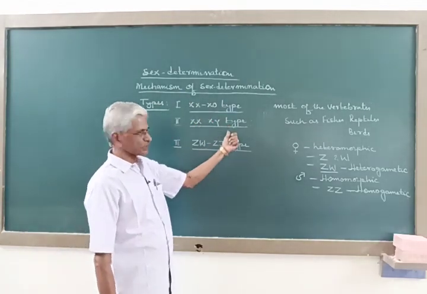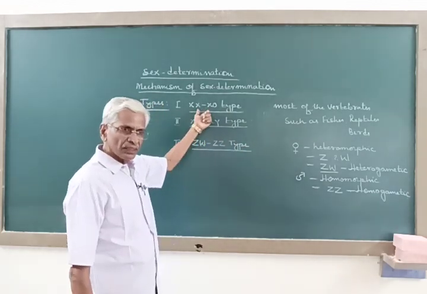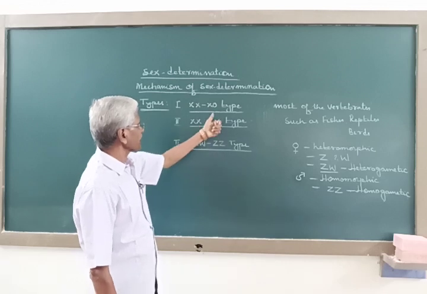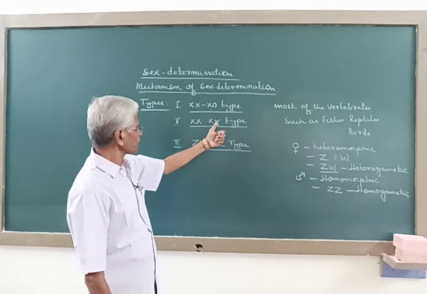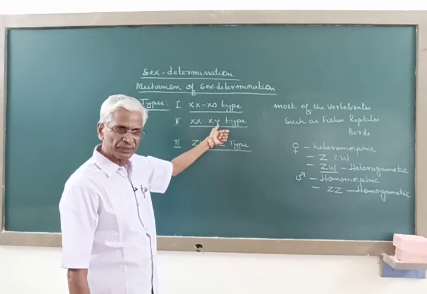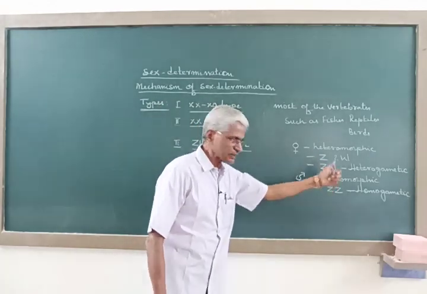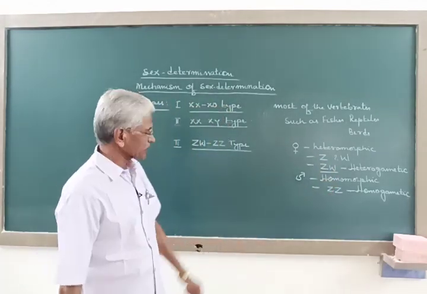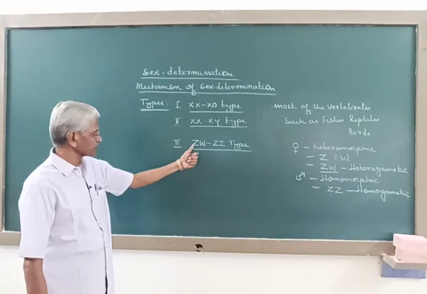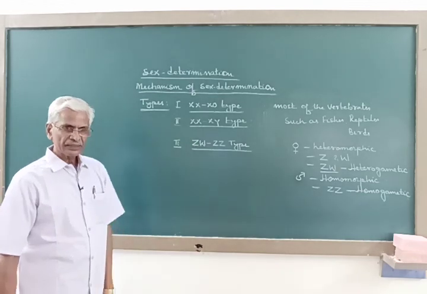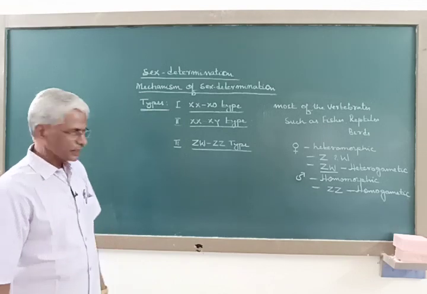In the earlier two types of mechanisms, female is homogametic and male is heterogametic. But here, female is heterogametic and male is homogametic. Now, this type of sex determining mechanism is called ZW-ZZ type.